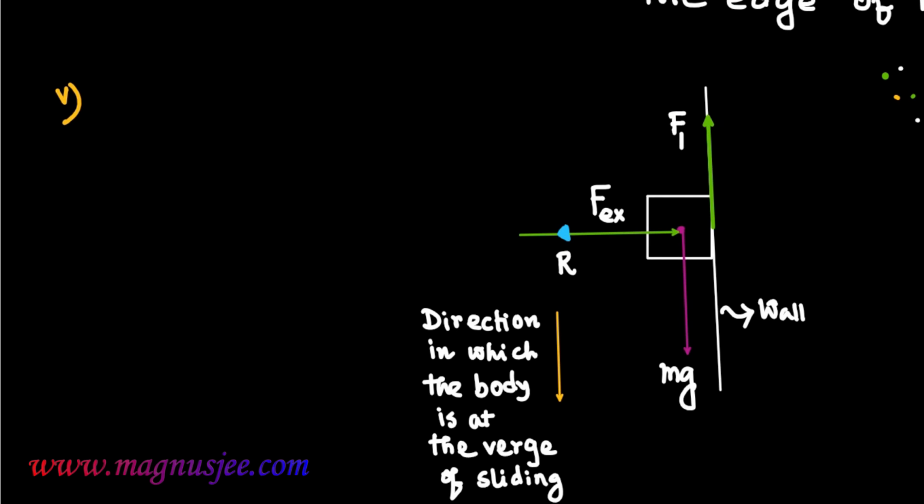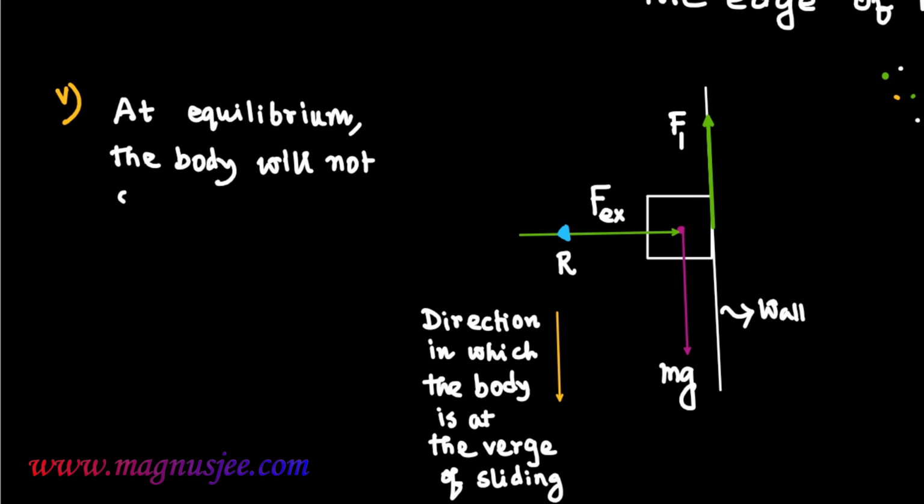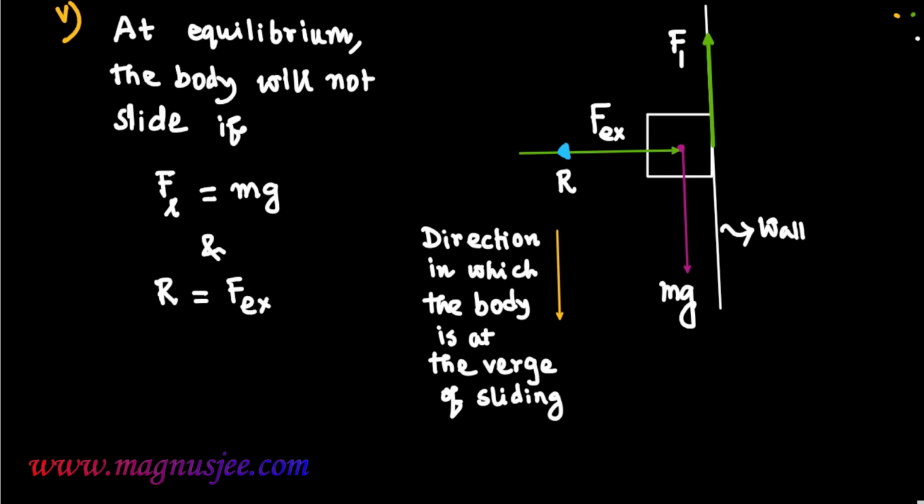This is the direction of limiting friction. At equilibrium, the body will not slide down against the wall if limiting friction Fl is equal to mg, and also normal reaction R is equal to Fex.